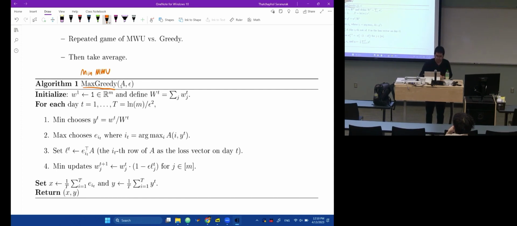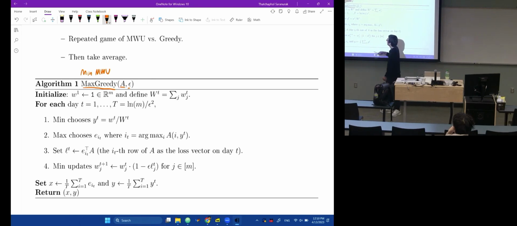So given A and epsilon, we have some number of rounds. The min player just chooses the distribution of columns according to weight update, in proportion to the weight. Once the min player chooses this distribution, the max player just is greedy.